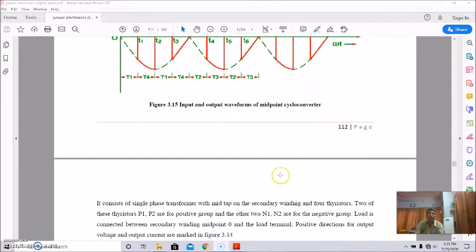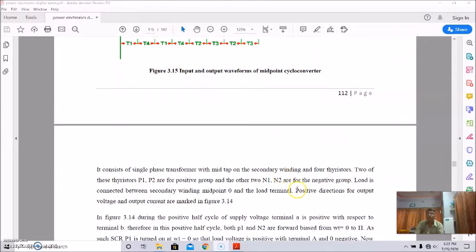So this is for the midpoint cycloconverter. It consists of a single phase transformer with mid tap on the secondary windings and four thyristors. Two of these thyristors, P1 and P2, are for the positive group, and the other two, N1 and N2, are the negative group.